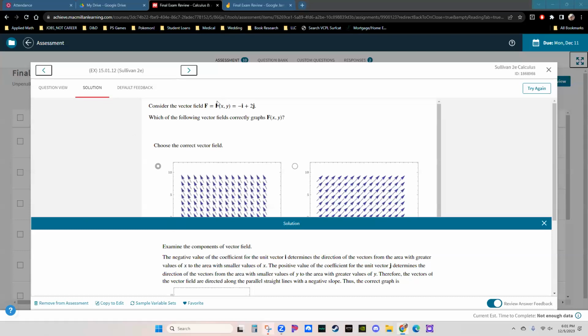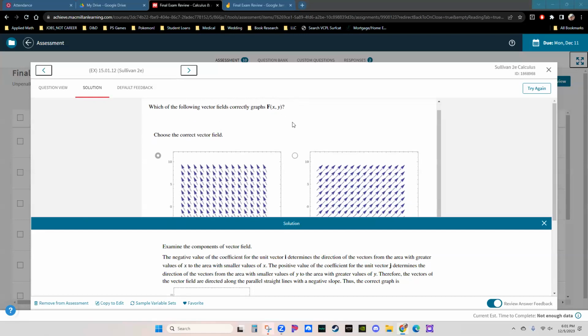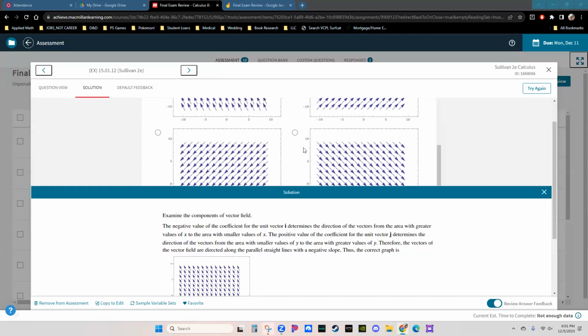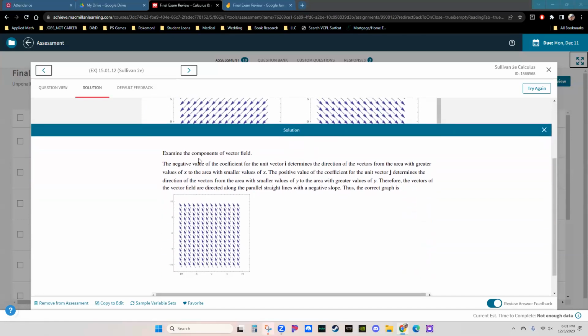Okay, so you guys can see for this one it says consider the vector field F, where F of x, y is equal to negative i plus 2j. Which of the following vector fields correctly shows the graph? So you can see they give you 4 options. It says examine the components of the vector field. The negative coefficient of the unit vector i determines the direction of the vectors from the area with greater values of x to the area with smaller values of x.